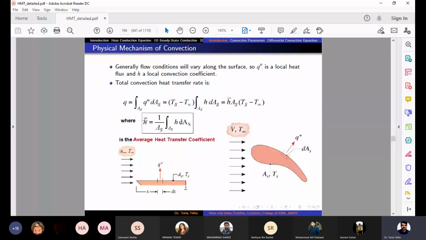It is the average value of h which would give us the same convection heat transfer as this integral formula. I hope the significance of h bar is clear: this is the average convection coefficient.